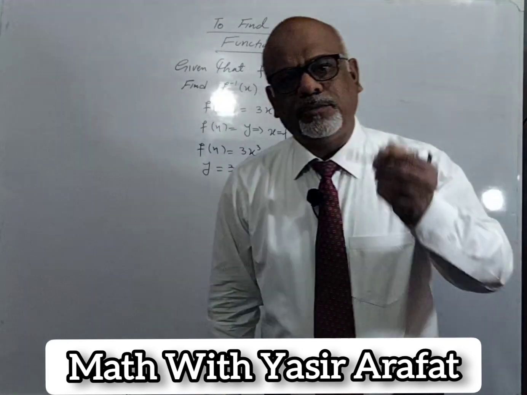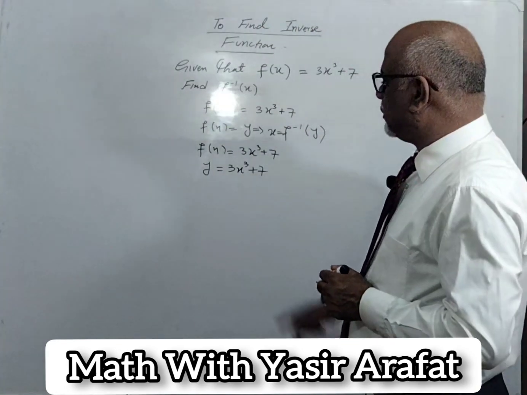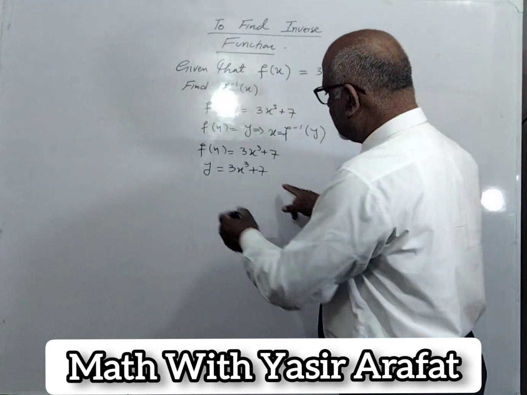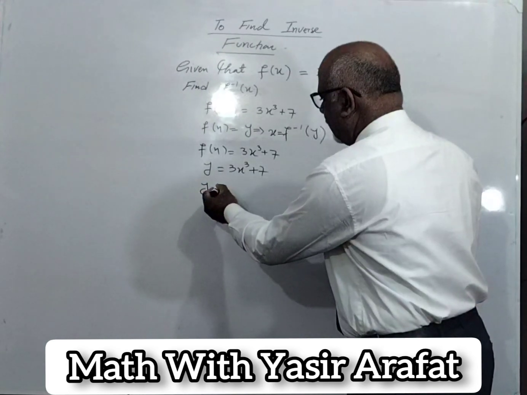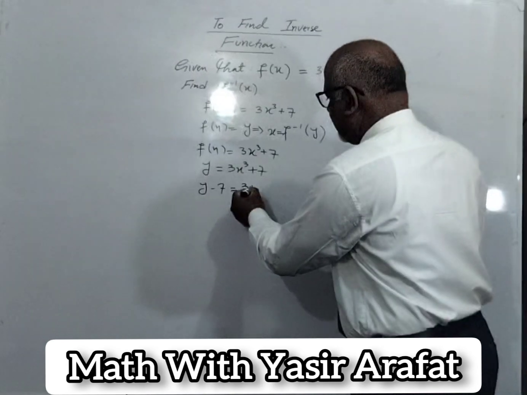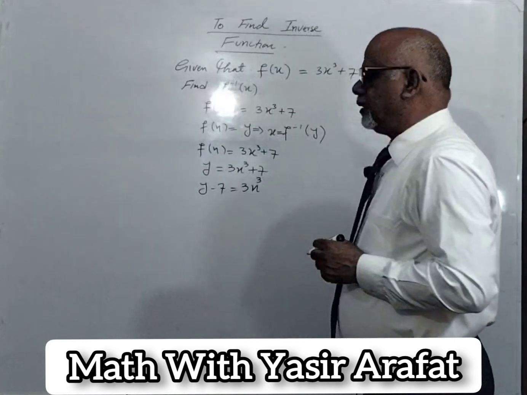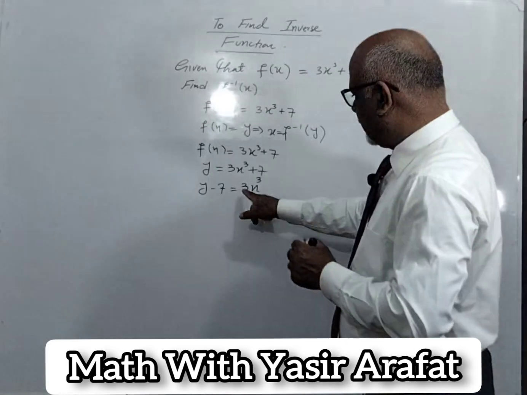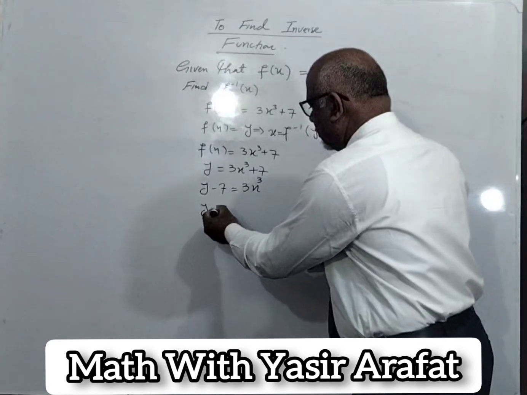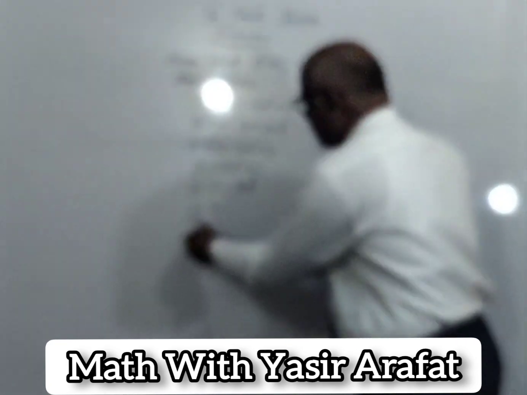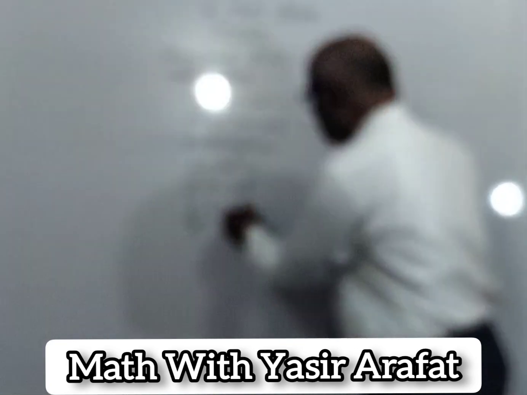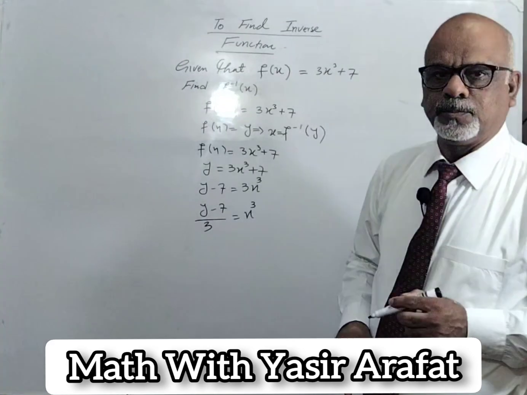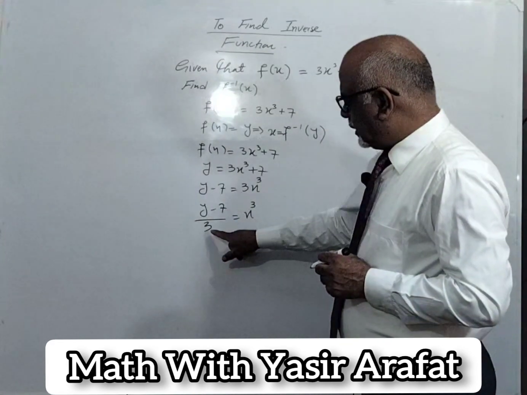When we put the value of y there, then we have to separate x. So this plus 7, we shift to the left hand side, becomes minus 7. We have to shift this 3 here, because we have to separate x. So this is x cube equals y minus 7 over 3.